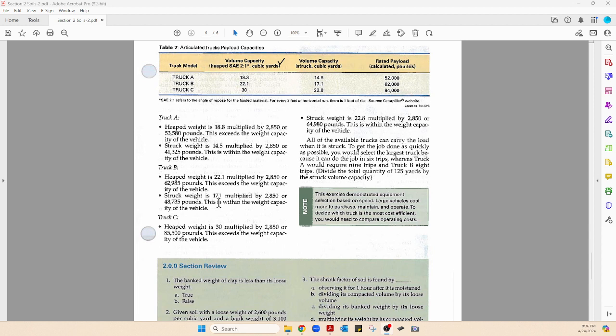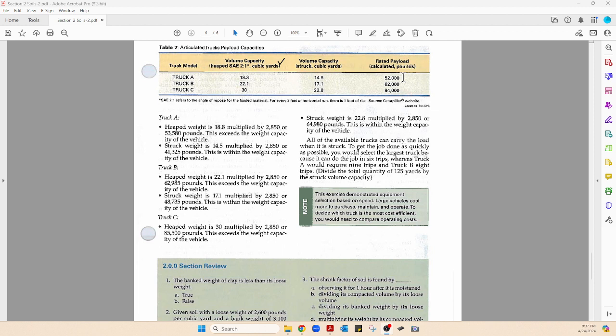So let's take truck A. If you take 356,250 pounds, total weight of all that material we need to take over there, and divide it by the capacity of 52,000, you will end up with 7.